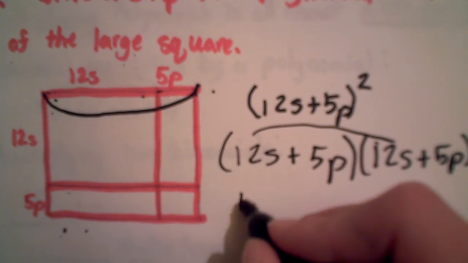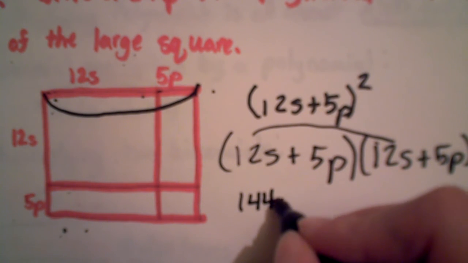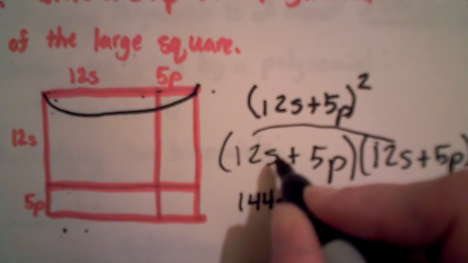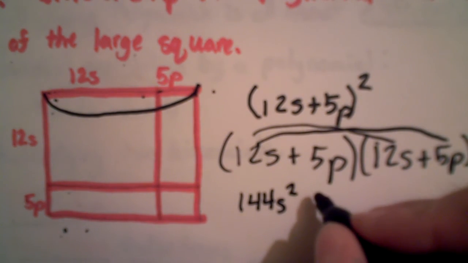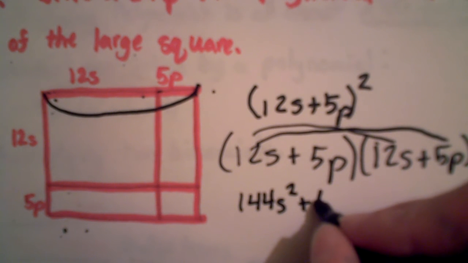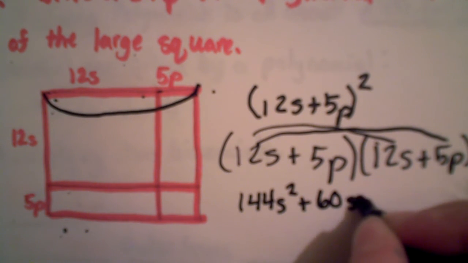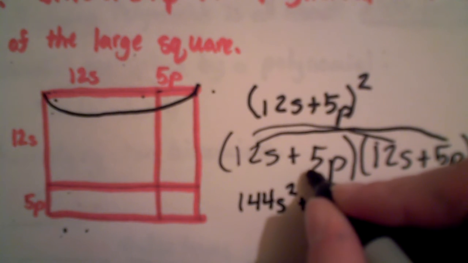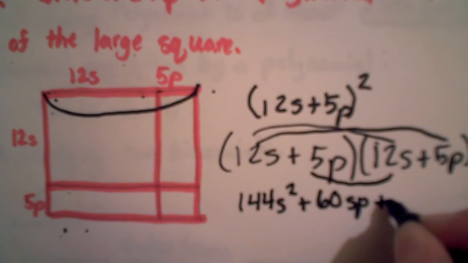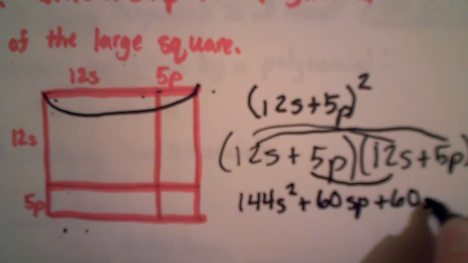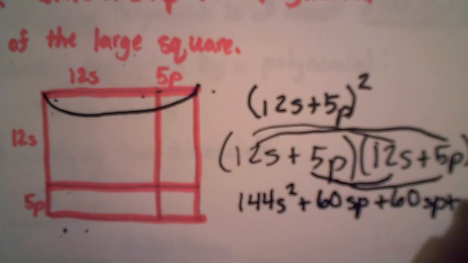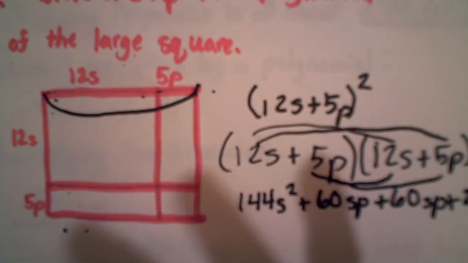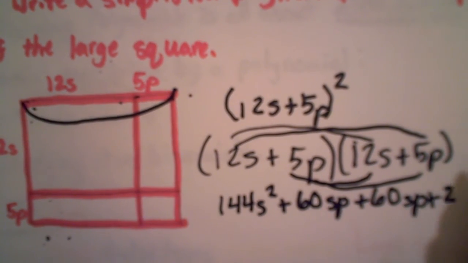First, 144s squared, outer, plus 60sp, inner, plus 60sp, and then last, plus 25p squared.